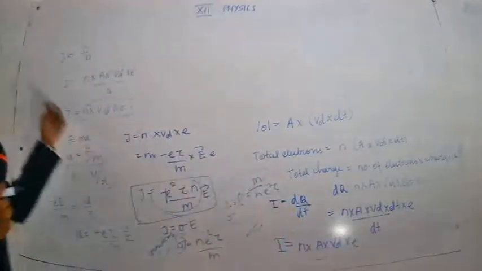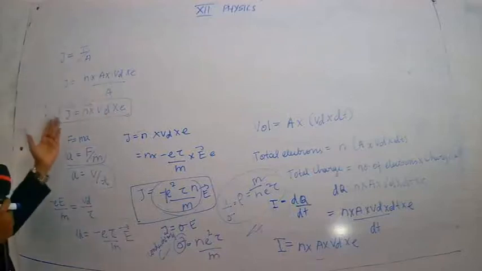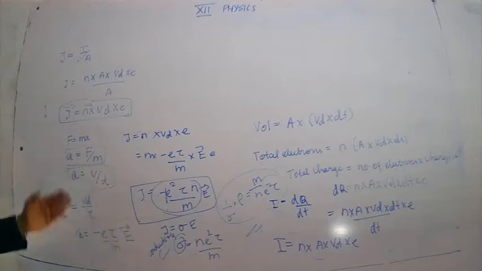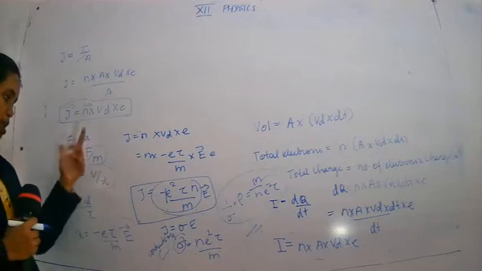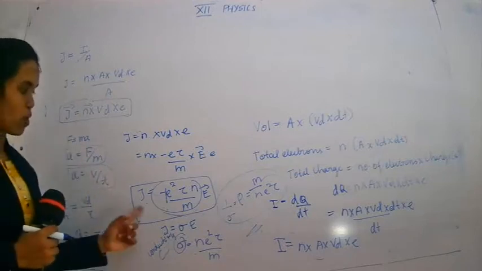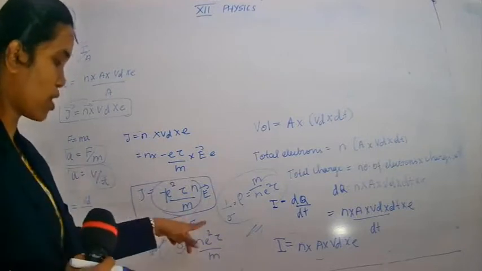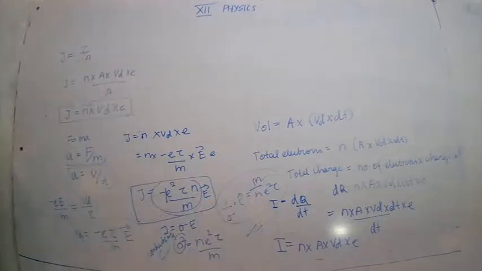The I value we apply in current density, current by area. Cancel, and you will get the result. Now find the drift velocity, Vd equal to this term, by force equal to ma and acceleration equal to velocity by time. Calculate the Vd value and apply it here, and this whole term becomes sigma. Sigma equal to this one, and the rho value is the inverse of sigma. That's all. This is the current density.